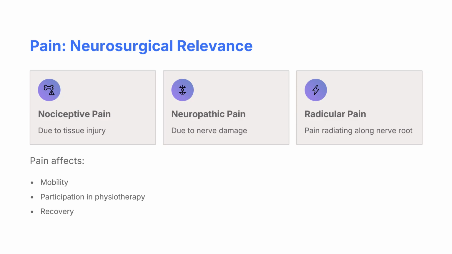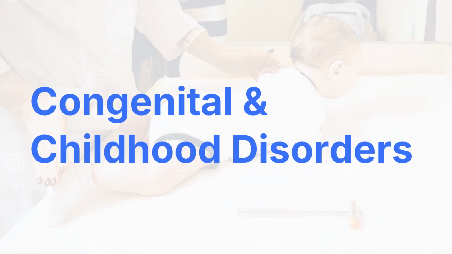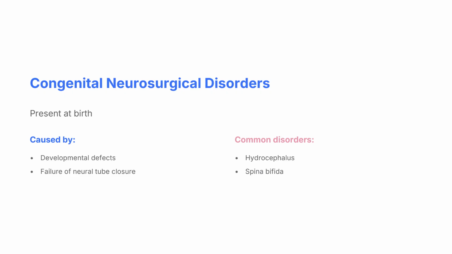So now let us go towards the important neurological diseases which happen in childhood. So we are going for congenital and pediatric disorders. Congenital neurological disorders are conditions present at birth, usually due to developmental defects or failure of neural tube closure during the development stage.